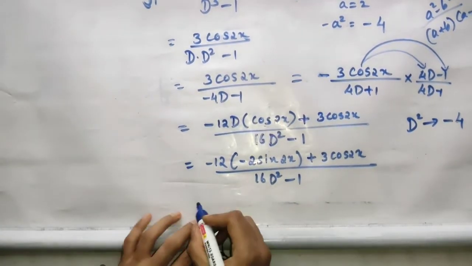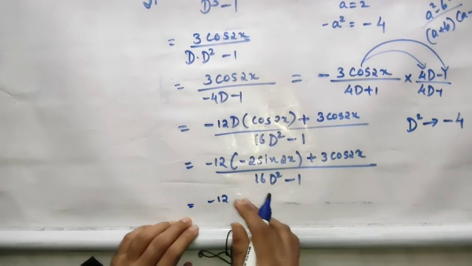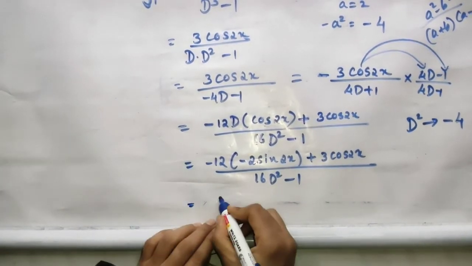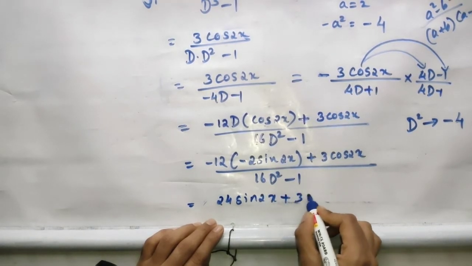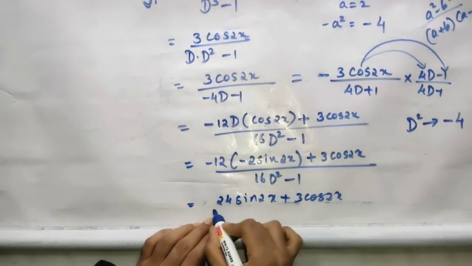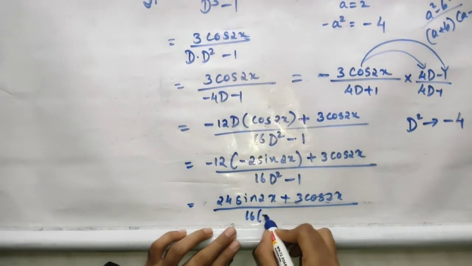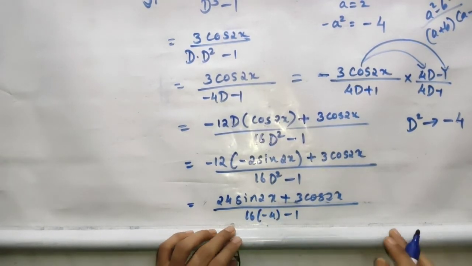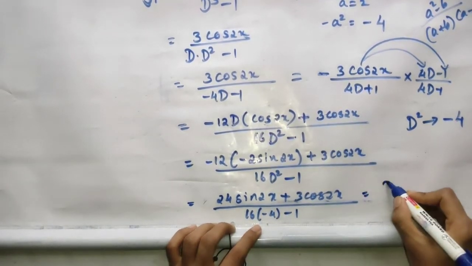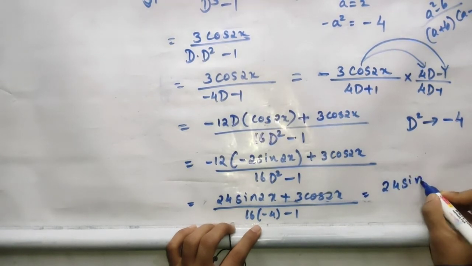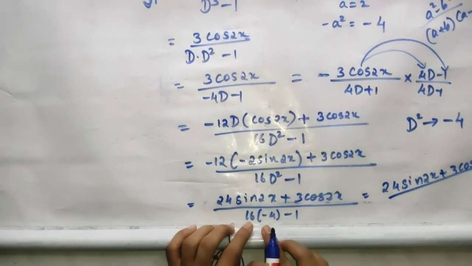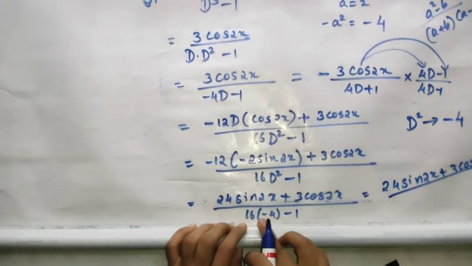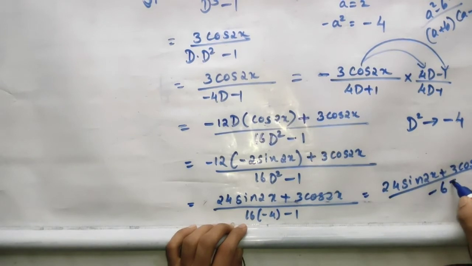So now it will be minus 12 into 2, which is plus 24 sin 2x, plus 3 cos 2x, divided by 16 into minus 4 minus 1. Which is equal to 24 sin 2x plus 3 cos 2x divided by 16 fours are 64, minus 64 minus 1, which is minus 65.